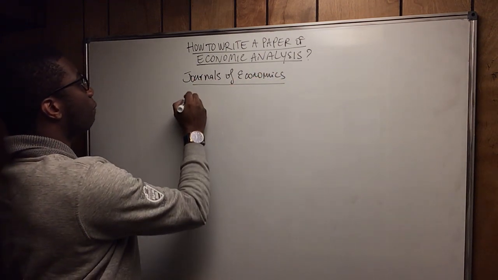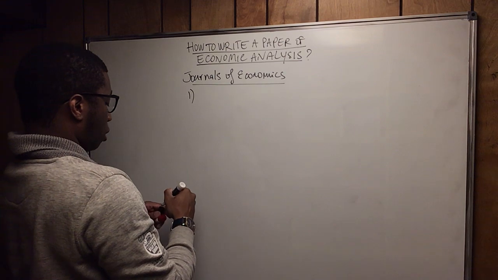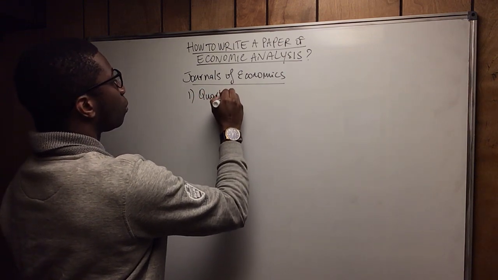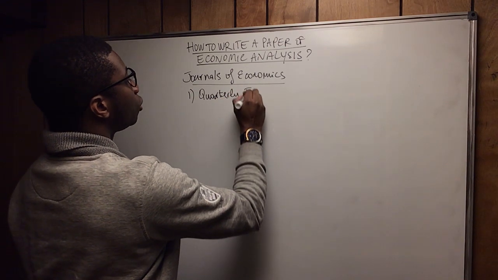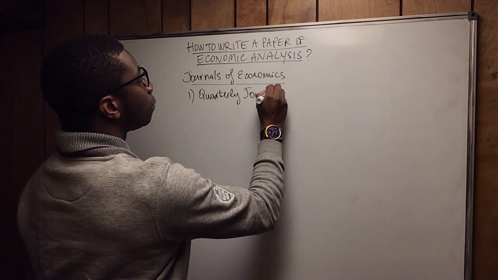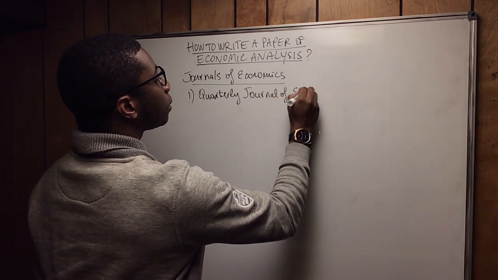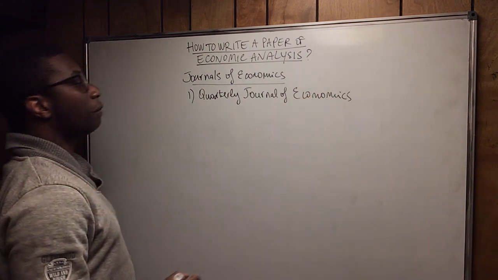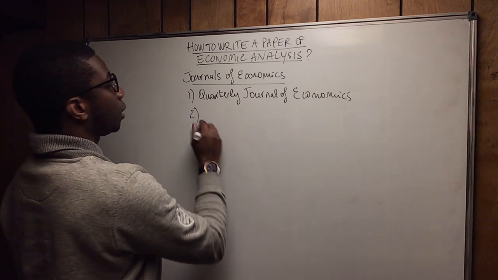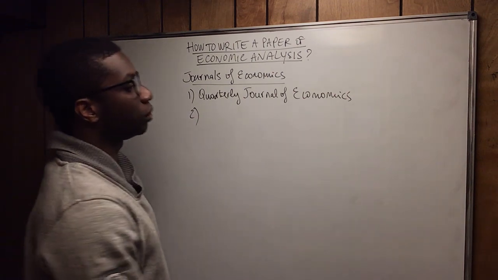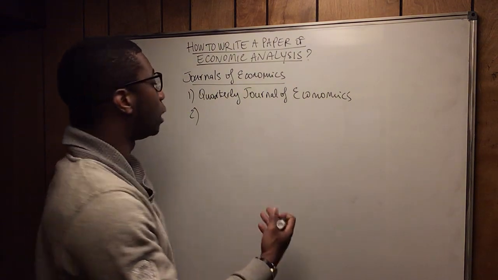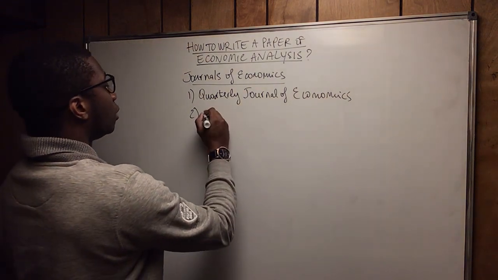Okay, so you have, of course, Quarterly Journal of Economics. This is the most prestigious journal of economics on earth. Okay, if you publish with this journal, you're pretty much 70% away from winning the Nobel Prize in economics.